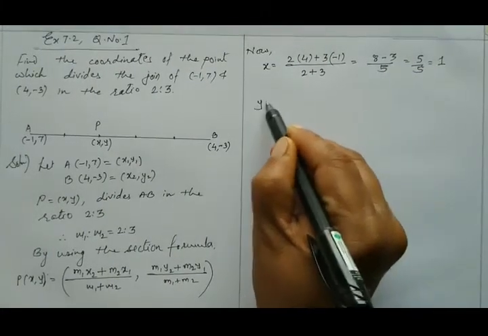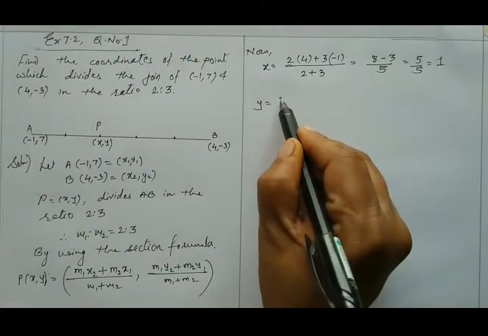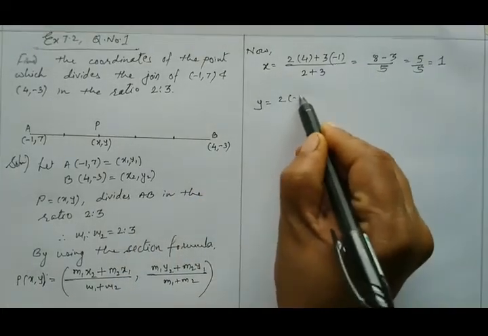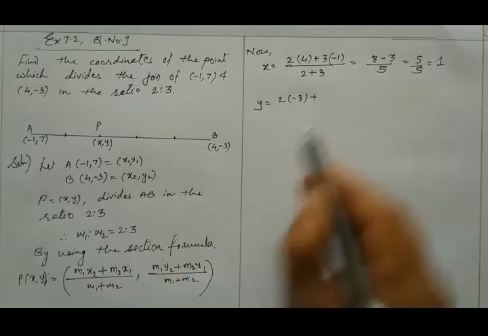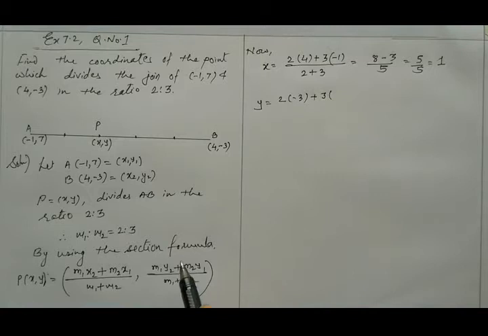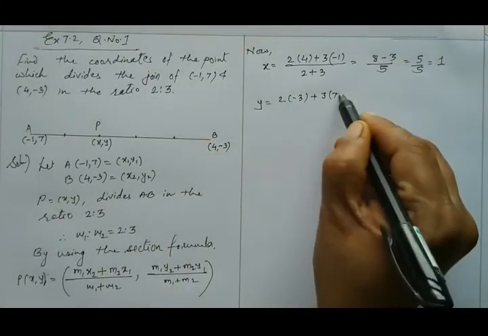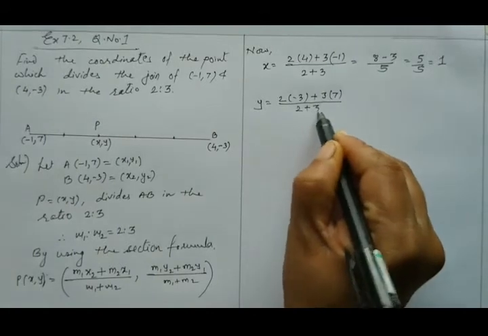Y coordinate. Okay, m1 y2. m1 is 2. y2 is minus 3 plus m2. m2 is 3. Okay, and y1 is 7 upon 2 plus 3.